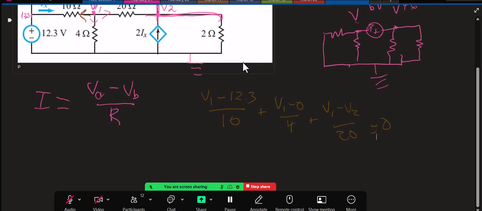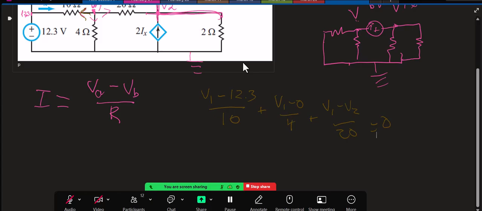I'm going to go ahead and simplify this equation before I get my second one. I'm going to multiply everything through by 20 to get rid of my denominators.